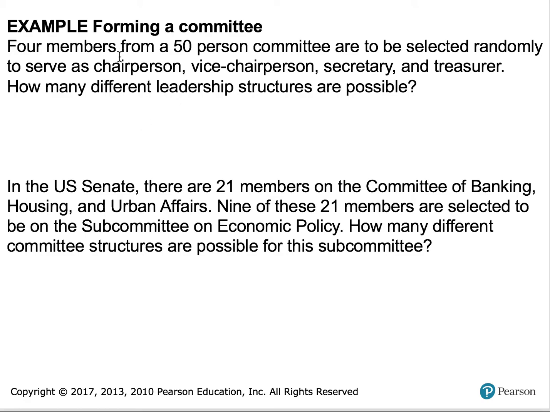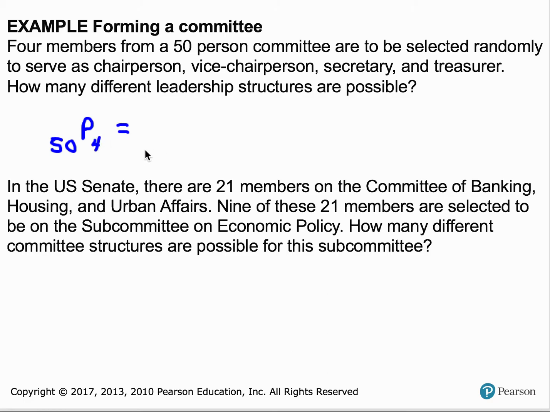Once we've selected a chairperson, can that person also be the vice chairperson? No, right? So the order matters. It's a permutation. We got 50 people that we're choosing from, and how many are we going to line up? 1, 2, 3, 4. And right there it says 4.